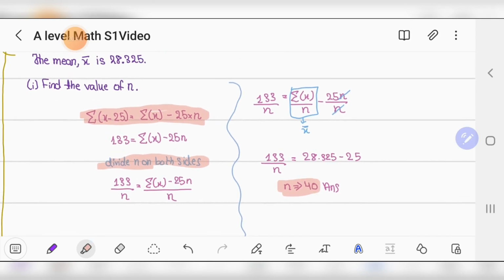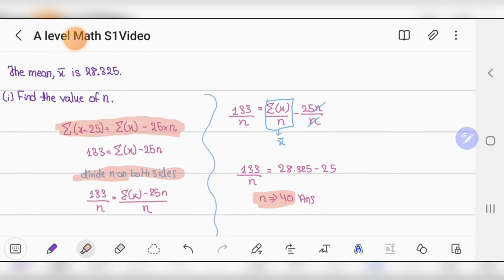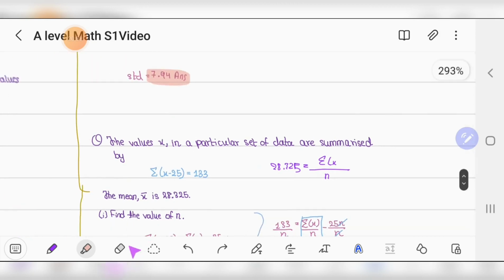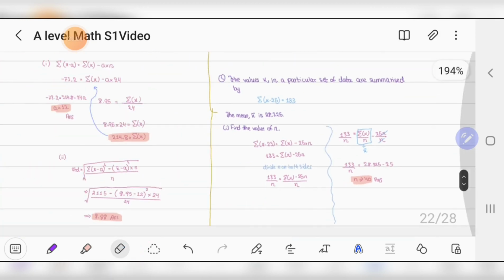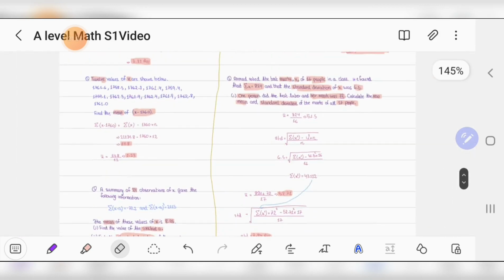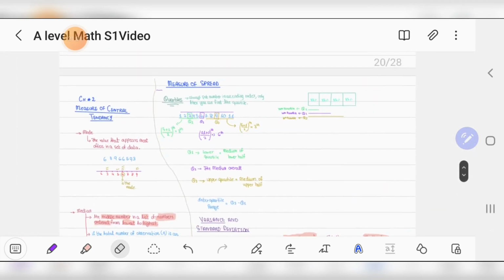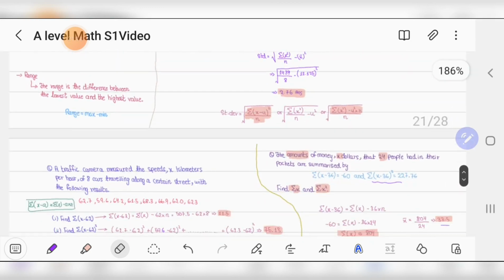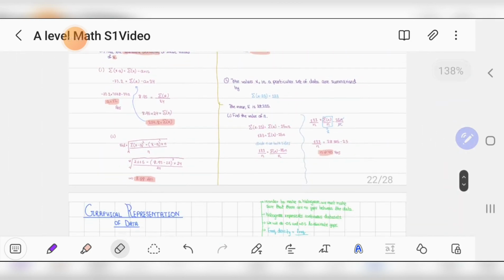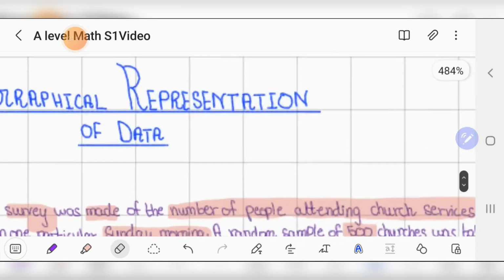So I put it this way, and then this will cancel out, and you got the mean, and you put the values in here, and then putting all of them, you just got this. Good. Okay, that was easy. And that's it. This is measure of spread, and this was measure of central tendency. And now let's start with graphical representation of data.